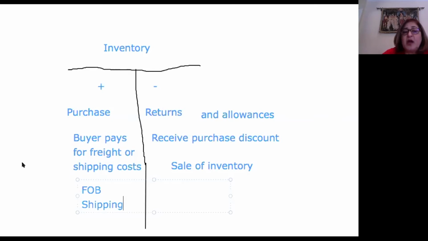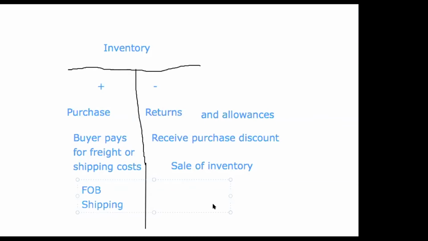So that's why we debit inventory. FOB destination, seller pays for the freight. Okay, so inventory being an asset. So far, you guys okay as far as all the transactions that affect this account? Okay, good.